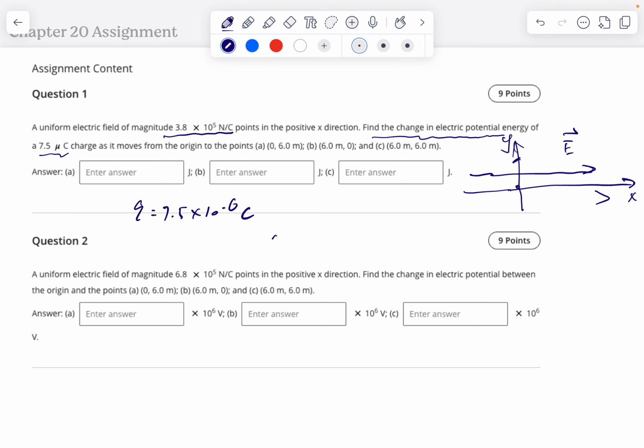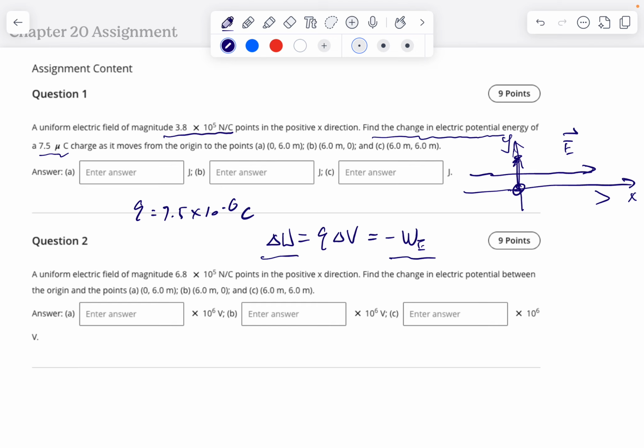What do we know here? The change in electric potential energy equals charge times the change of electrical potential, and this also equals negative work done by the electric field. So we use this: change of potential energy equals negative work done by the electric field. Let's see, you move the charge from here to here.